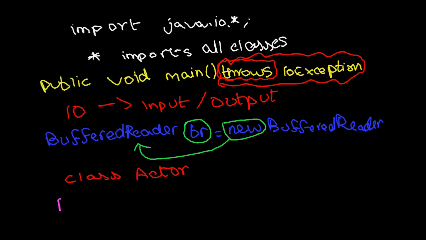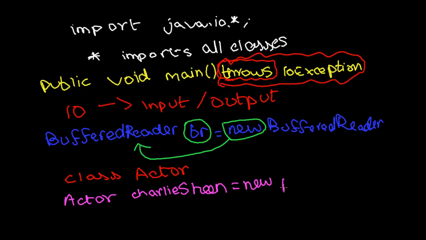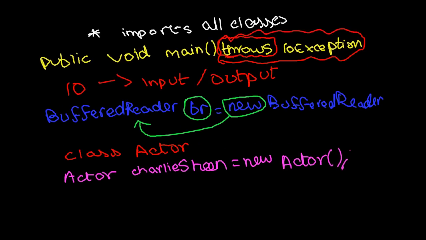So it would be Actor Charlie Sheen equals new Actor. That's how you do it. So that's that for creating objects.